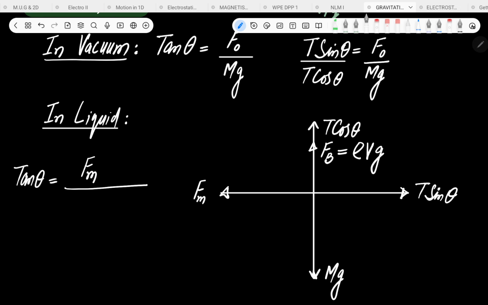Number two, the denominator is mg. But in this free body diagram, mg is vertically downward and the buoyant force is vertically upwards. That means the buoyant force will cancel a part of this mg. I can say that T cos theta plus Fb will be equal to mg, which means T cos theta will be equal to mg minus Fb. So in simple terms, mg will be replaced by mg minus the buoyant force. Is this clear to you?